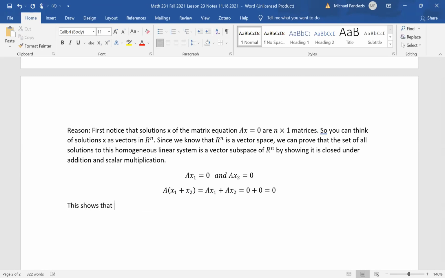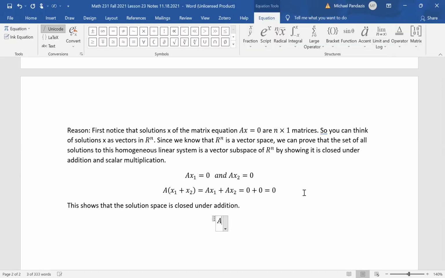This shows that the solution space is closed under addition. Okay, and you also need to show it's closed under scalar multiplication. So given that Ax1 is equal to 0, if you want to talk about a scalar multiple of x1, meaning kx1, well, A times kx1 is equal to k times Ax1.